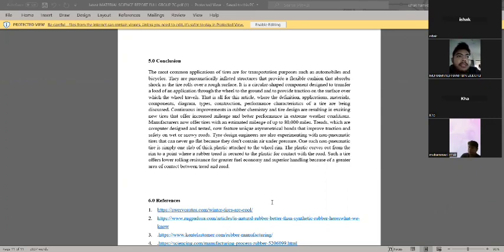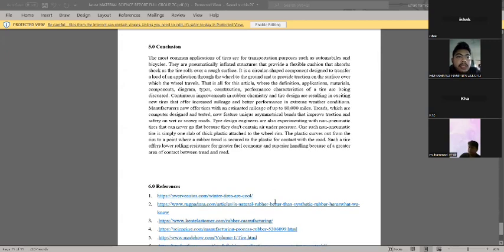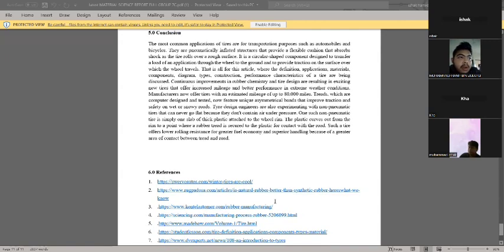Continuous improvements in rubber chemistry and tire design are resulting in exciting new tires that offer increased mileage and better performance in extreme weather conditions. Manufacturers now offer tires with an estimated mileage of up to 80,000 miles.